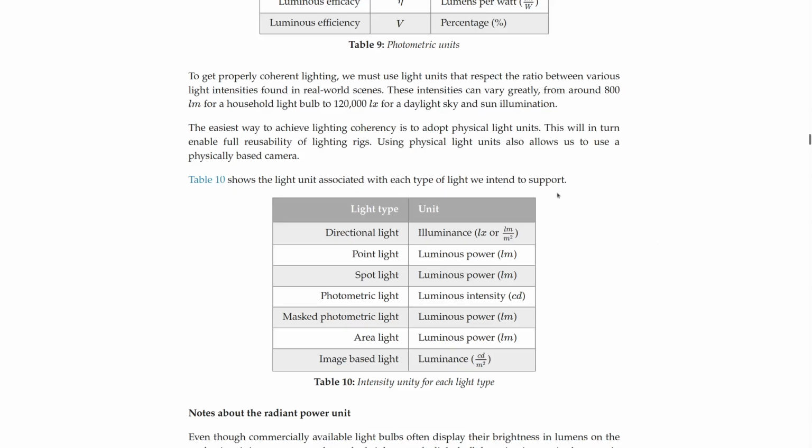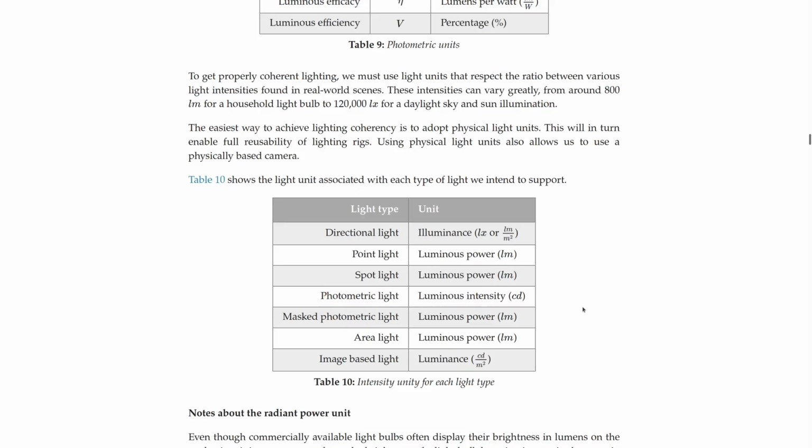Table 10 shows the light unit associated with each type of light we intend to support. So we've got a directional light that has units in illuminance, lux or lumens per meter squared. So yeah, that's that idea of a sun, something like that. Point light, you're talking about the total amount of luminous power in lumens. Spotlights are defined similarly.